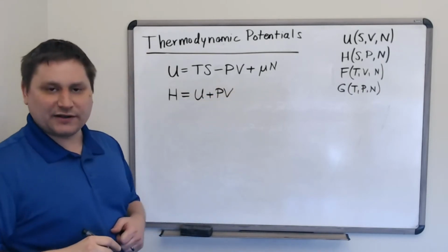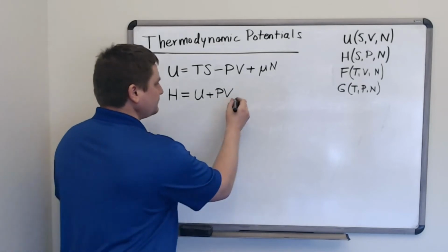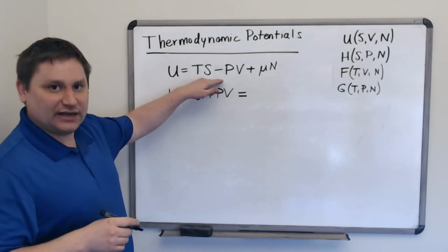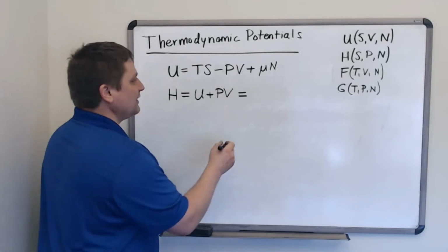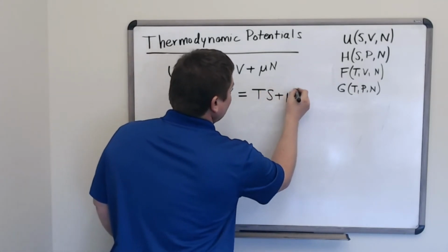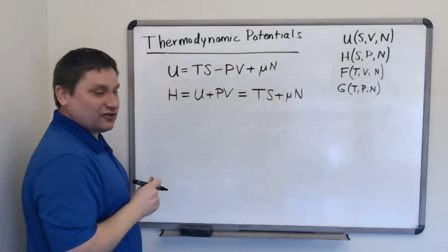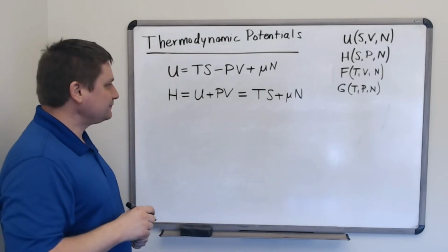To transform from internal energy to enthalpy, we added PV. If we add PV to the Euler integral form for the internal energy, it simply cancels the minus PV term. And we find that the enthalpy has an integral form that is equal to temperature times entropy plus chemical potential times particle number.